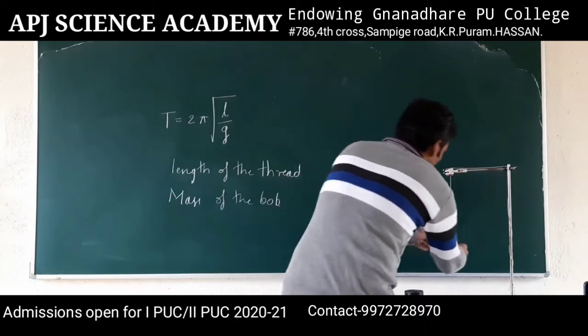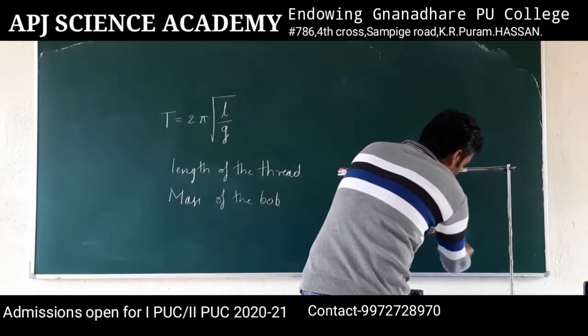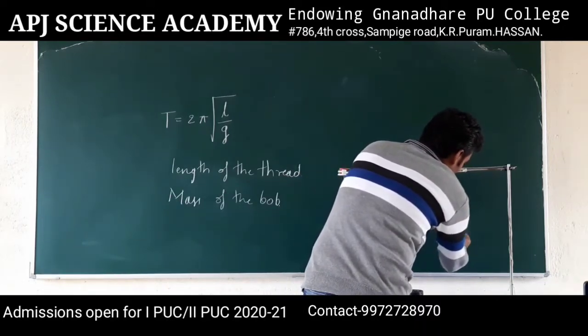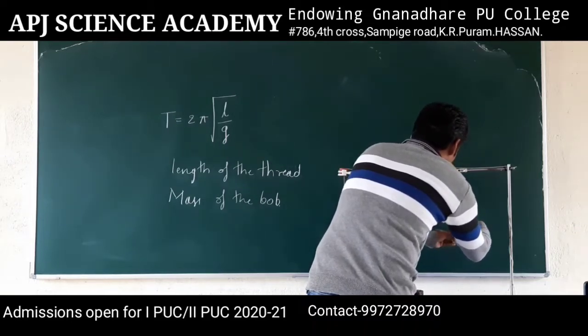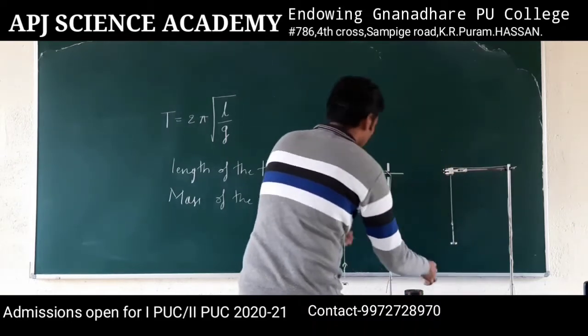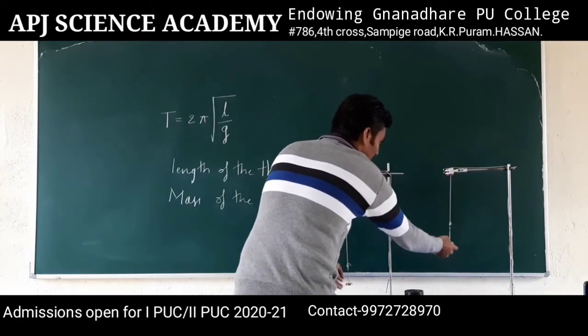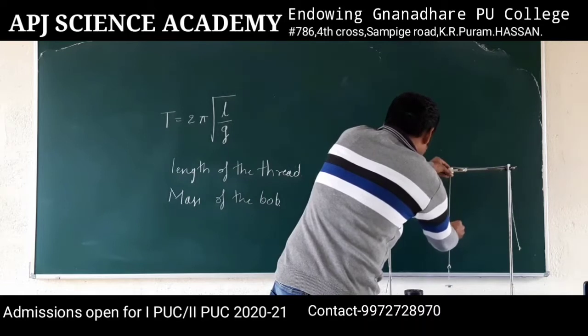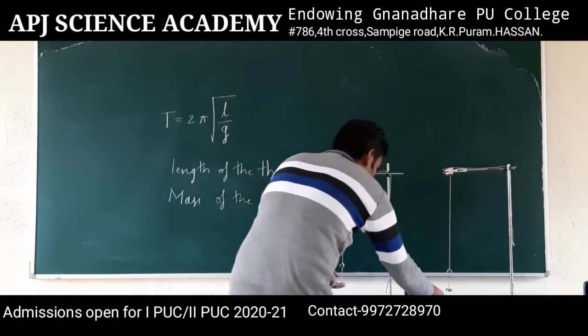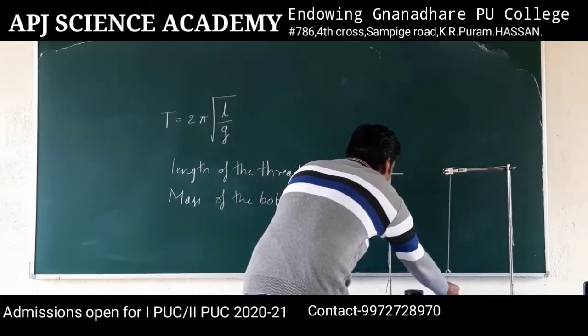I would also like to keep the mass the same, so I'll just remove some to keep the mass the same. Now you have the same mass, right? And let me make the length of the pendulum the same.